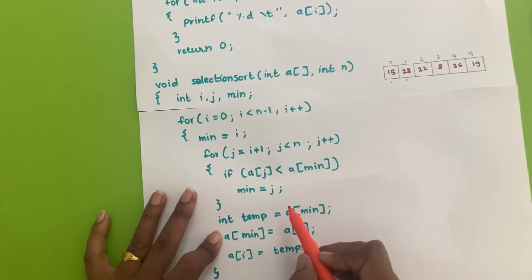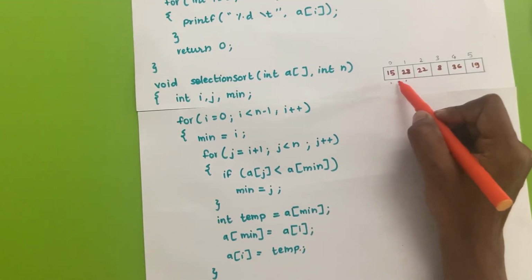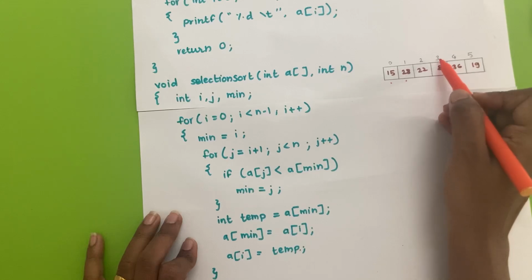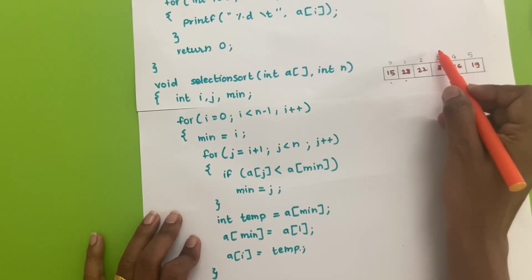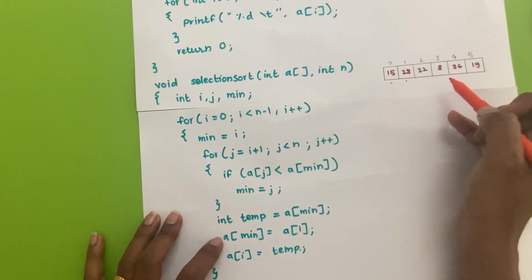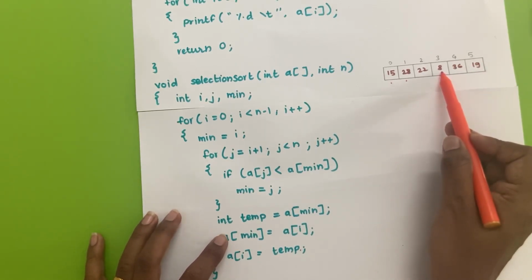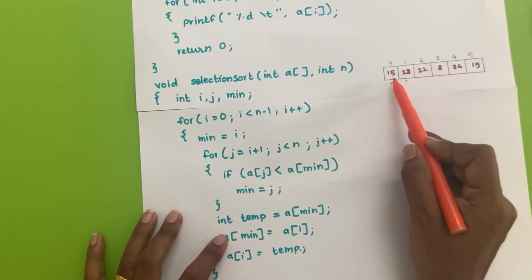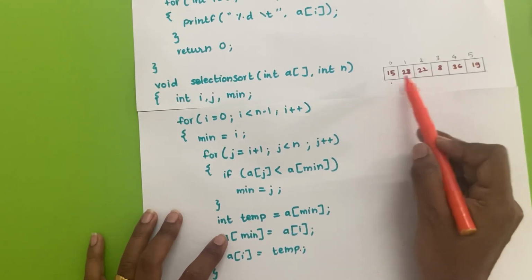Now suppose after the first iteration we get 8 as the minimum element, which has index 3. Okay, min is representing index 3 and a of min is 8. So now 8 will get compared with the previous min, so this is less than the previous min, so we have to make them swap.